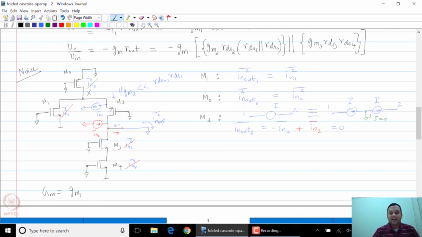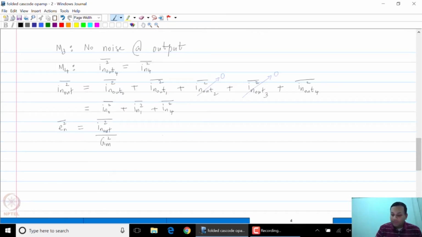That is the GM effective transconductance of the overall amplifier. So therefore, the input referred noise is going to be IN0 squared plus IN1 squared plus IN4 squared over GM1 squared.